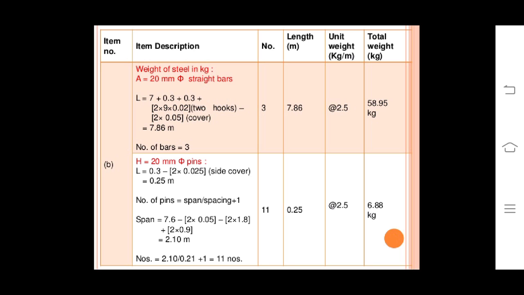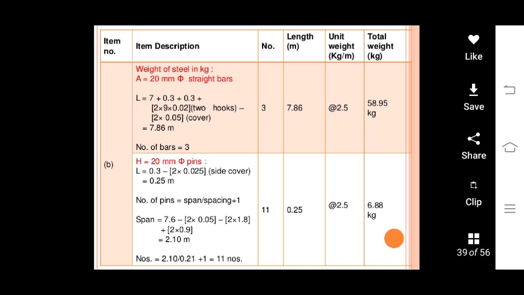Now the second type of bar is 20 mm Φ pins provided to support the bars, having length of 0.3 minus 2 times 0.025, that is side cover. The total length is 0.25 meter.